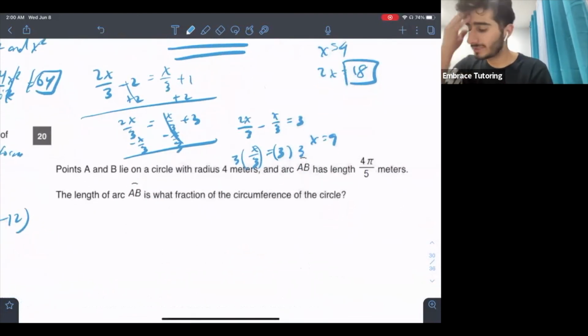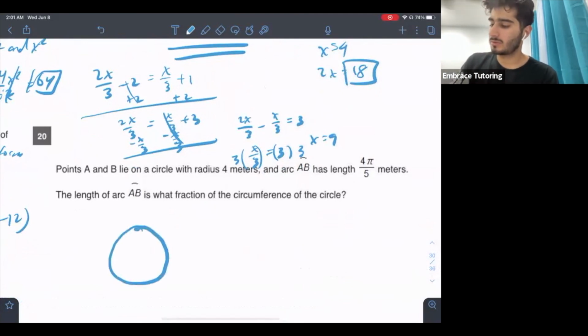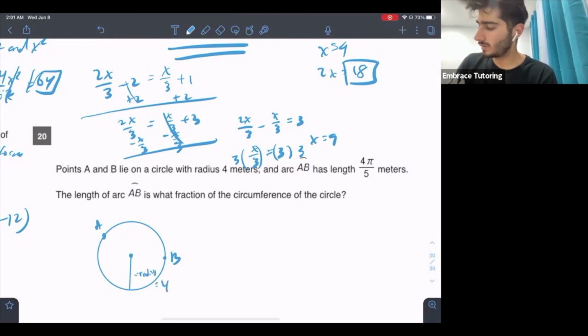Last question. Points A and B lie on a circle with a radius of 4 meters. So let's draw a circle. So point A and B, and this is the radius, which is 4.